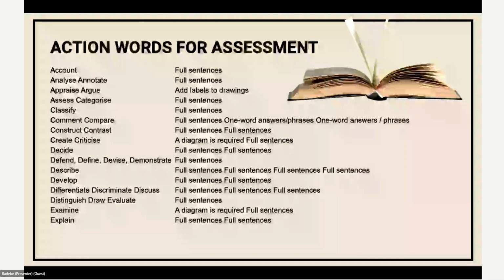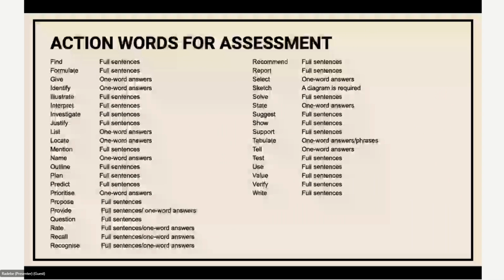Make sure all these action words are available for our learners to know. Go through them with your learners, especially the common ones: discuss, explain. Name is only one way, list is also one way, give is also one way. So we must make sure that we give our learners those action words.